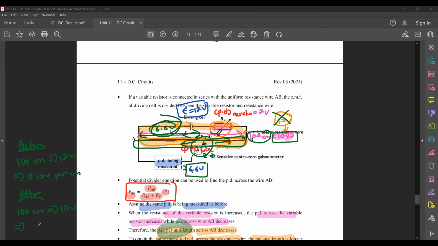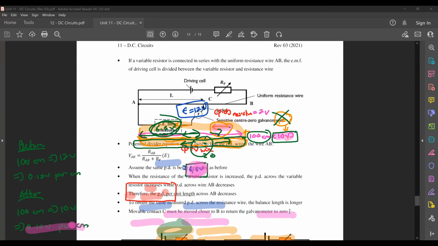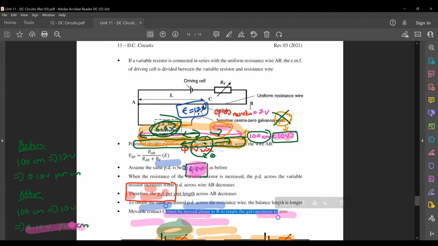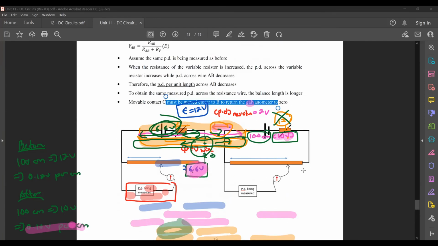So my PD per unit length is now 0.10 volts. So now my PD per unit length has decreased. I still need to get 6.6 volts. Wouldn't this tell you I actually need to get a longer length now in order to get back the same 6.6? That's why here we tell you to obtain the same measured PD, your balance length will need to be longer. You need to move your contact closer towards the end, towards B, so that your galvanometer reading reads back to 0. Okay, that is what we want to do here.